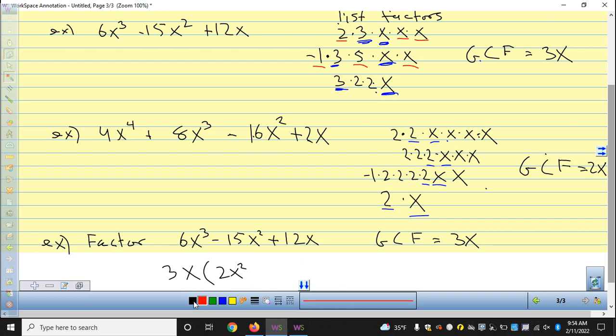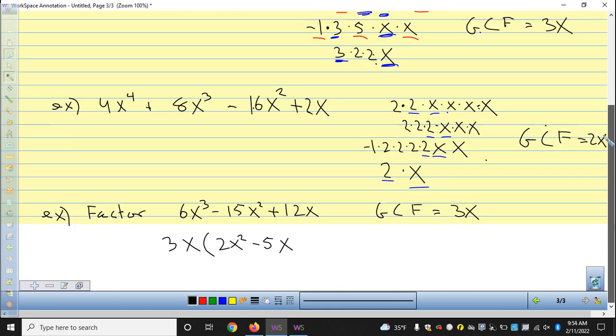Well, I can write that as negative 5x. And here I have a 2 times 2 left. So that's 4. And this would be this polynomial in factored form.